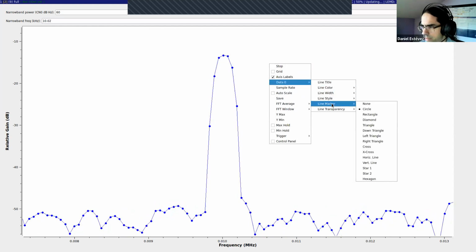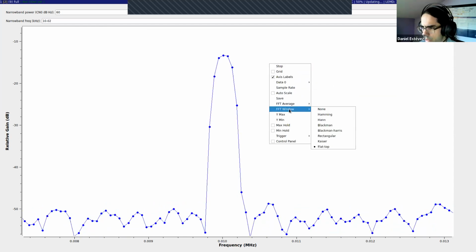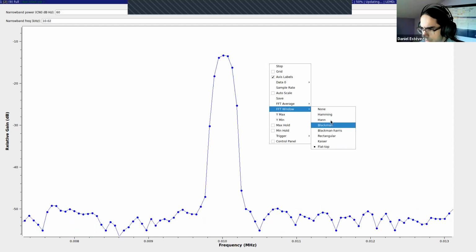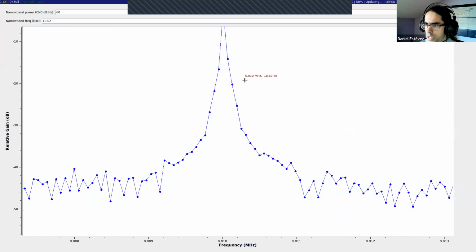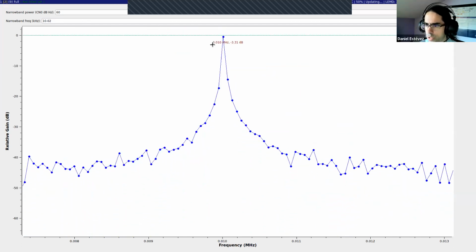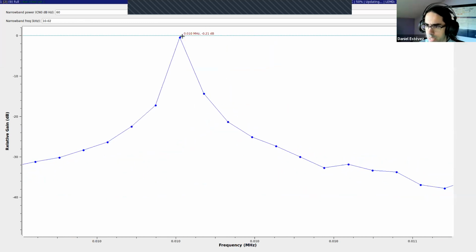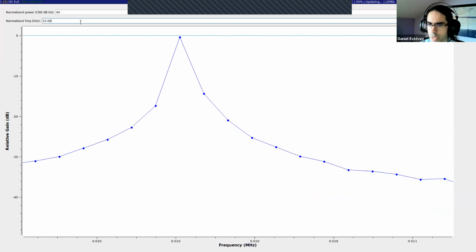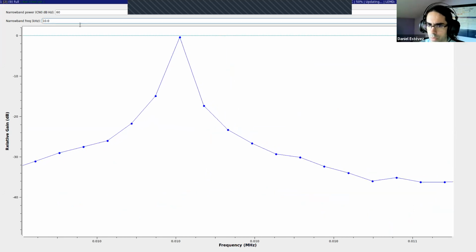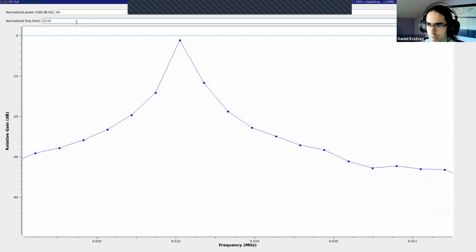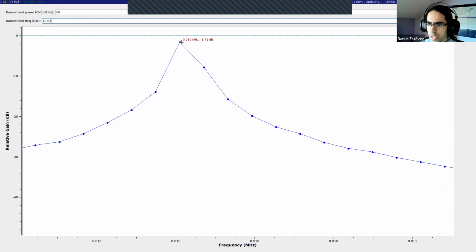If I have now the rectangular window, which is the one with worst scalloping loss, we can see that the signal is here, but when I do this, or maybe let me try with 3. Yeah, with 3 is pretty apparent.